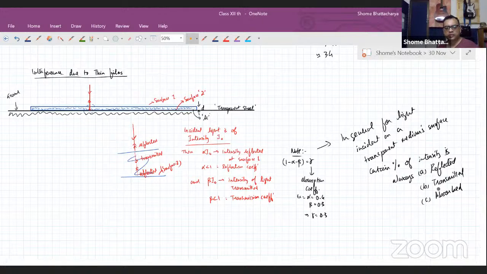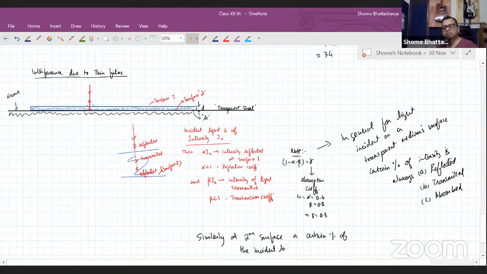Okay. So now similarly at the second surface also, a certain percentage of the incident light, that is of intensity beta I naught, because that's the transmission coefficient, is reflected.